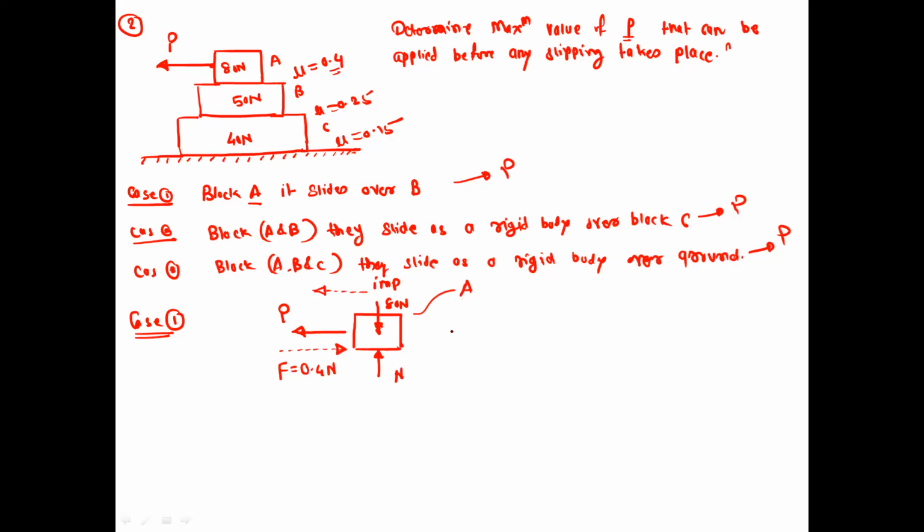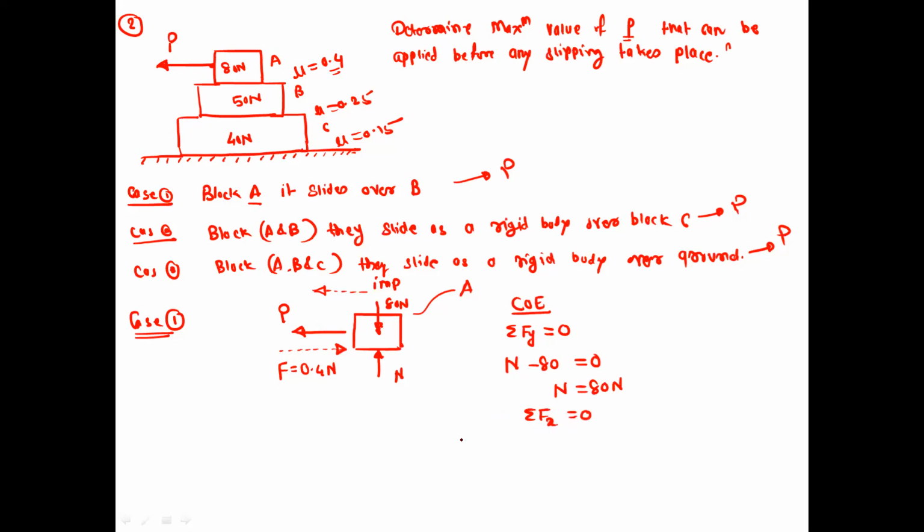Okay. So we can use the conditions of equilibrium. Summation Fy is equal to 0. So from summation Fy, we get N minus 80 is equal to 0. I'm using summation Fy first because directly from this equation we will get the normal reaction. So N is equal to 80 Newton. Now use summation Fx is equal to 0.